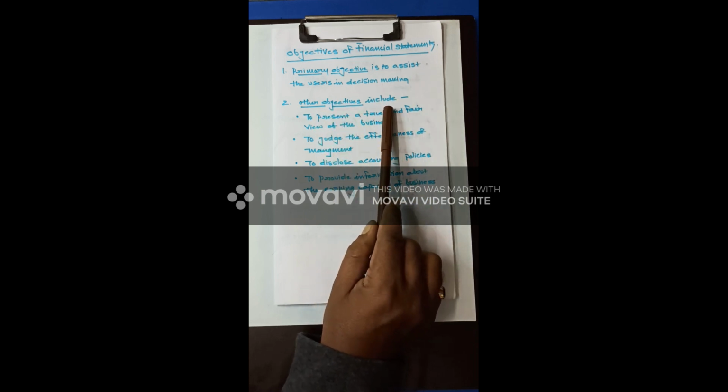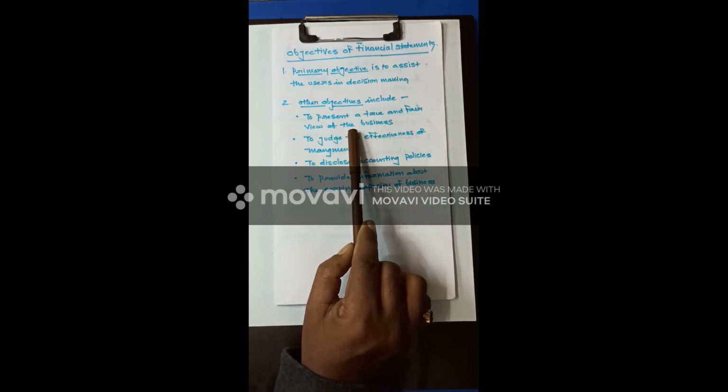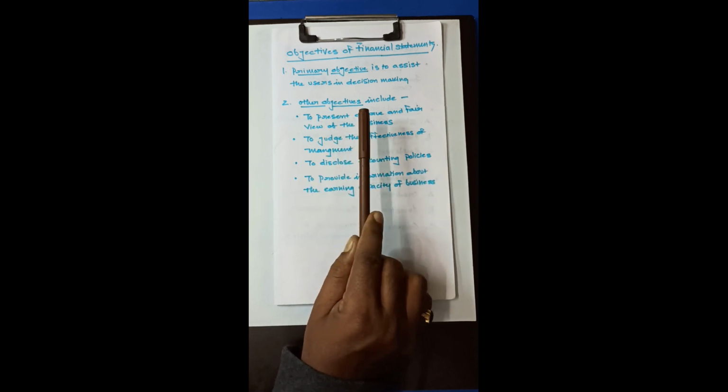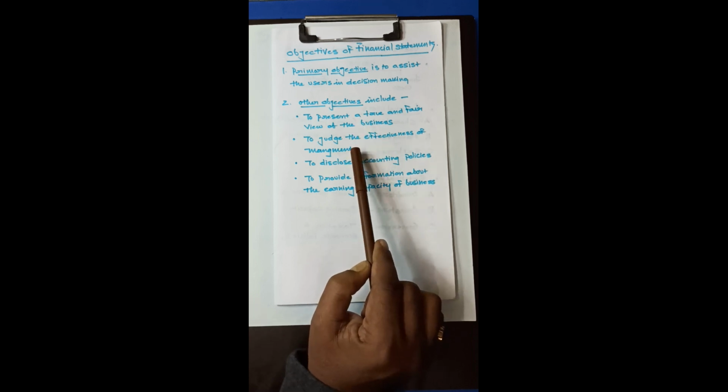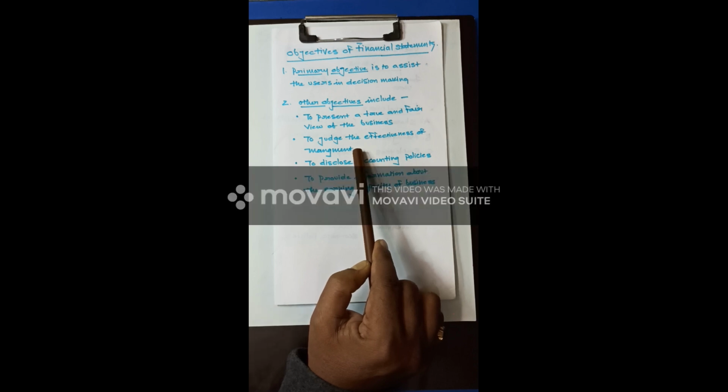And other objectives: the financial statements present the true and fair view of all the activities being undertaken by the business. They also enable you to judge how effective the business is.